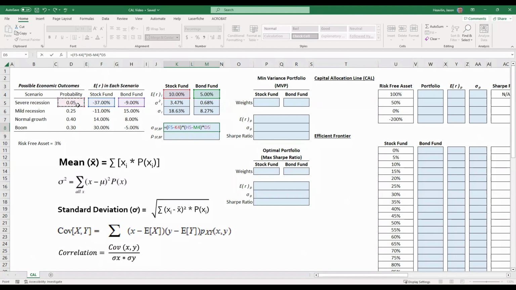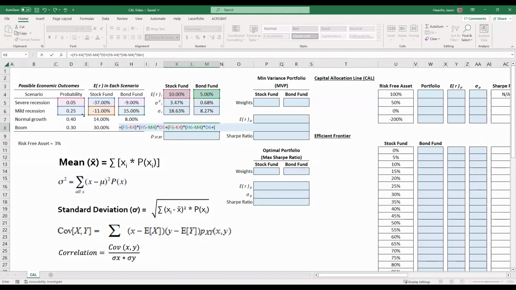And then we're going to repeat that process down the list. So I'm going to take the stock fund minus the stock average, multiply by the bond fund expected return on that specific scenario, minus the average, times the probability of that scenario.